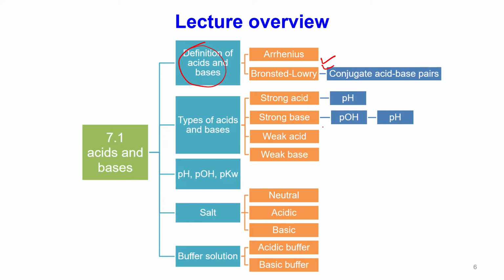Then we discuss pH, pOH, and pKw. Then salt, which has three types: neutral, acidic, and basic. And buffer solution, where we have acidic buffer solution and basic buffer solution.